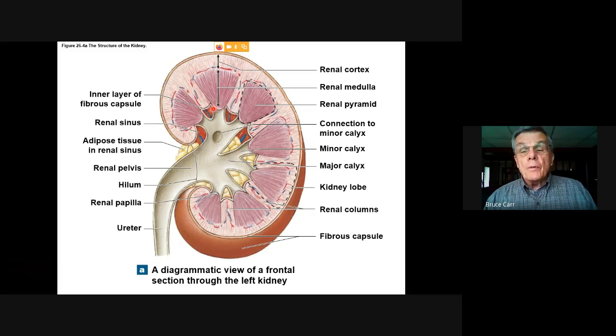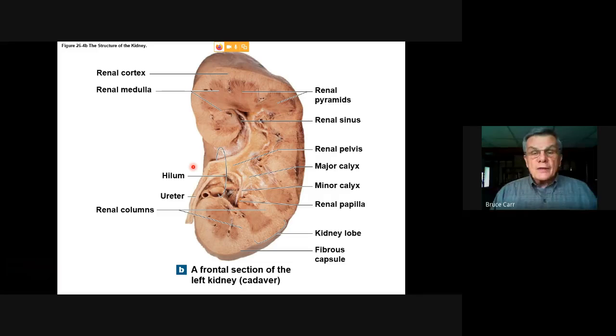At the tip of the pyramid, a region called the papilla is the delivery point for the urine into these tubes. These are called calyx tubes. From all regions of the kidney, they converge here on the delivery point to the ureter. This is called the renal pelvis. So looking at the kidney, you notice that the kidney itself is rather nondescript, but you can clearly see the ureter, the pelvis, and the branching calyx.